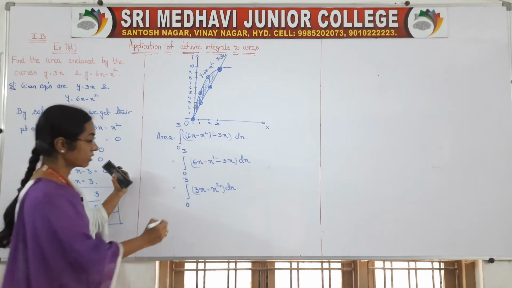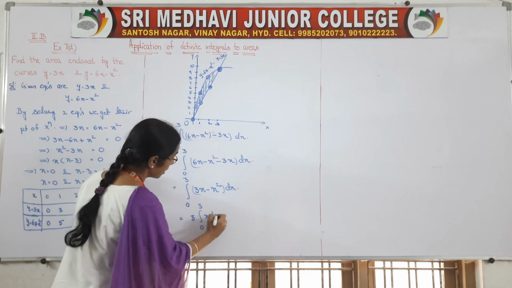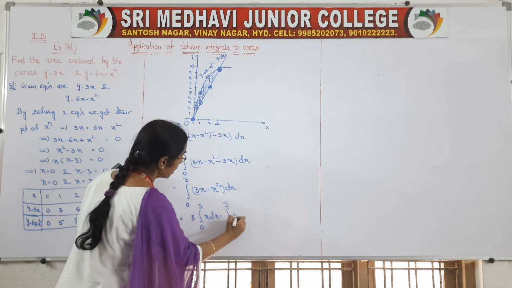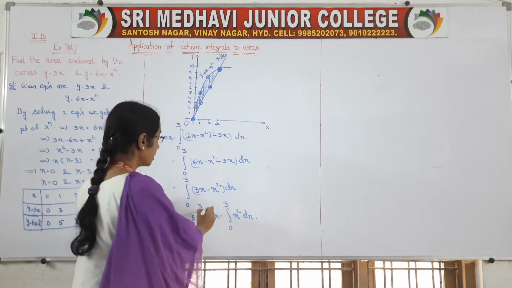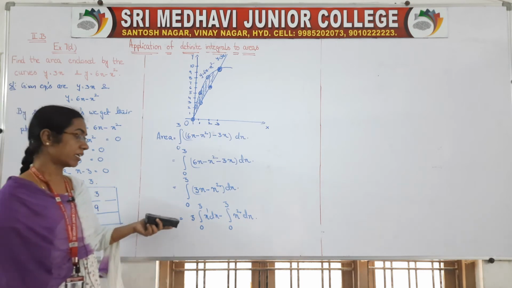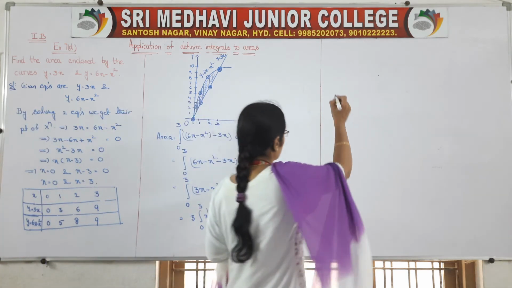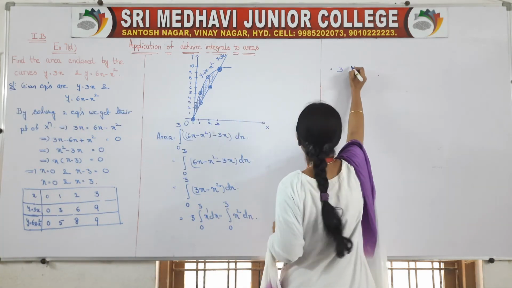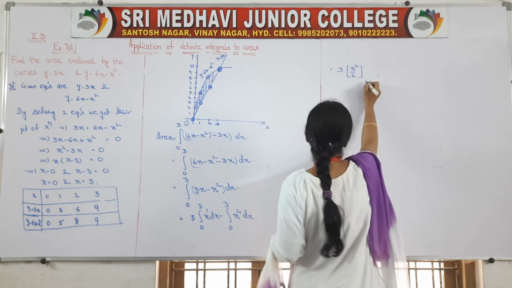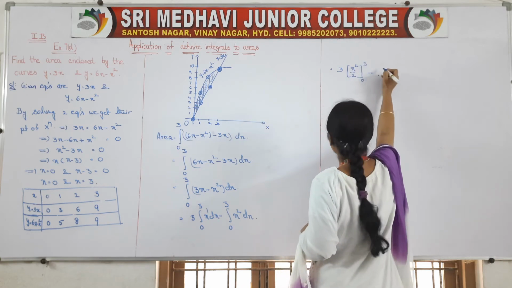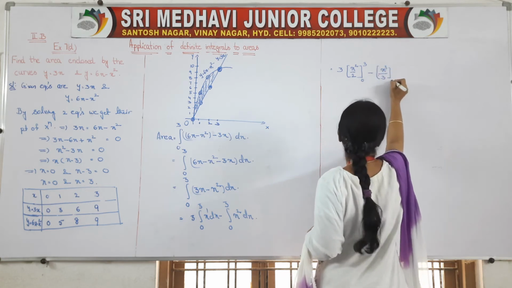Okay, so you take separate integrals: 3 into integral 0 to 3 of x dx minus integral 0 to 3 of x square dx. So what is your integration? Normal form: integral of x to the power of n dx is x to the power of n plus 1 by n plus 1. So it is 3 into x square by 2, with limits 0 to 3, minus x cube by 3, with limits 0 to 3.